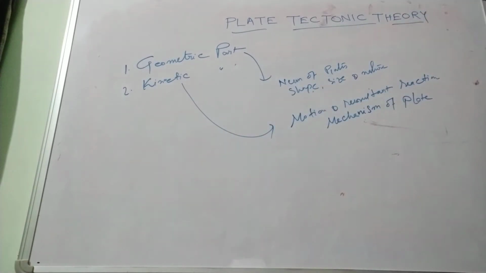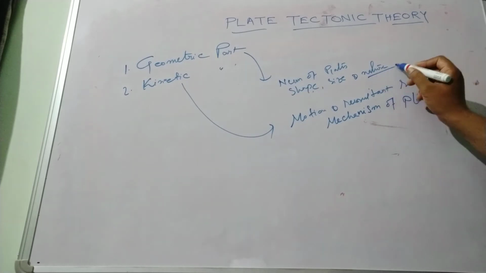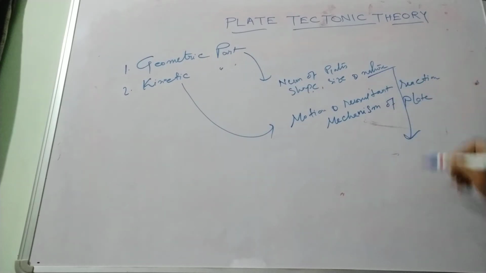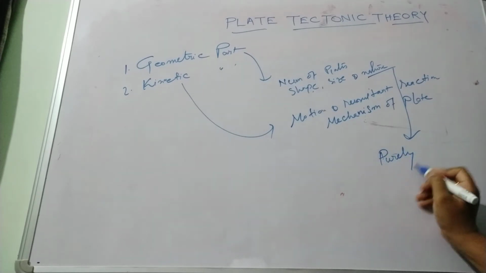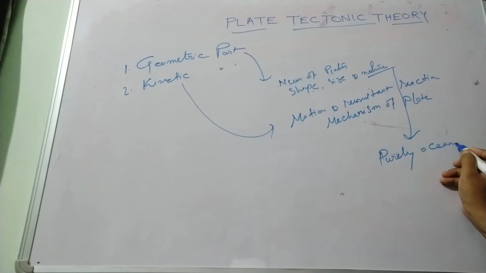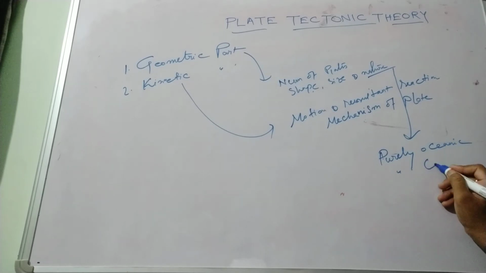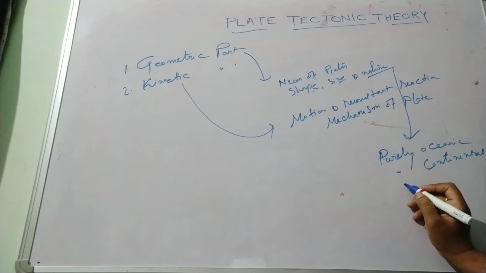Based on nature, we can say there are three types of plates: purely oceanic, purely continental, and partly oceanic and partly continental.